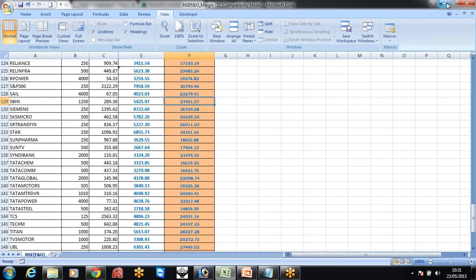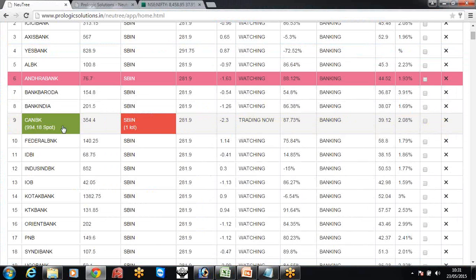Let's say 27,000 rupees. Now I will have to buy almost the same amount in Canara Bank that I have invested in SBI. So your total turnover on both the scripts should be almost equal.